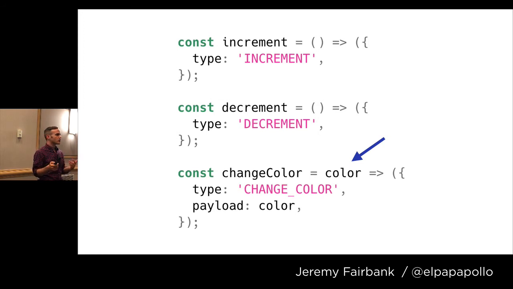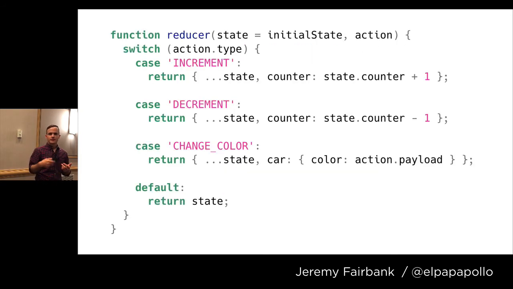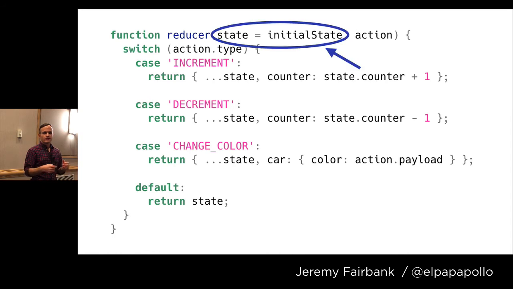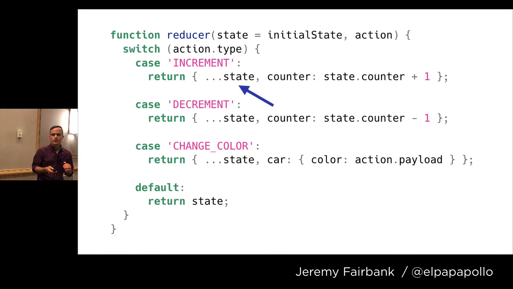So in this case, the change color, not only is it going to signal I want to change the color of the car in my state, but I can also give it a payload that says, here's the color I want to change it to. And so this payload property is pretty standard in Redux for when you want to provide additional parameters in your actions.